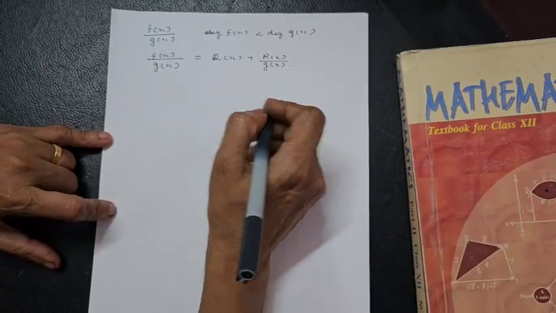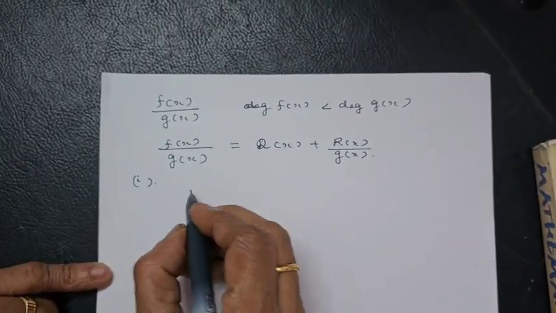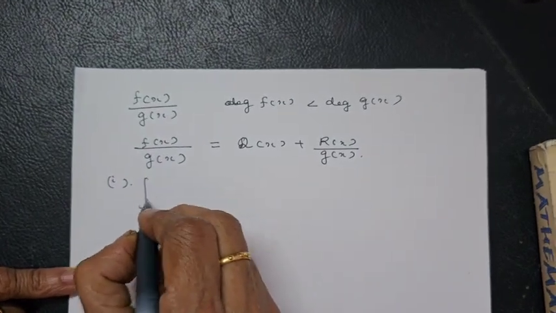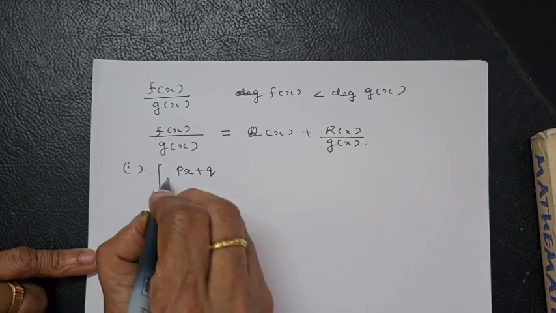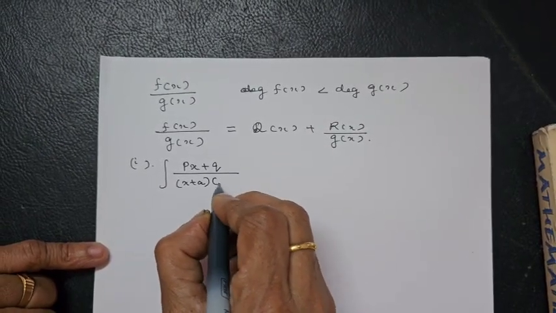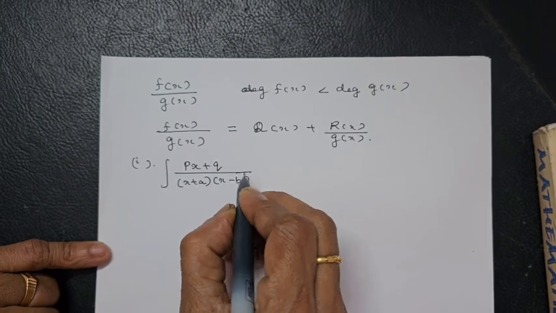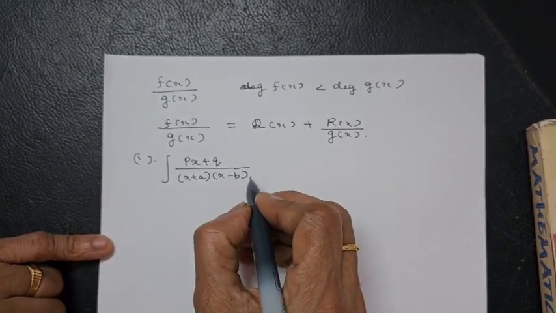There are four different types. The first type is where the proper rational function is in this particular format, px plus q by a denominator consisting of distinct linear factors, x plus a and x minus b. They are distinct factors as well as linear factors.